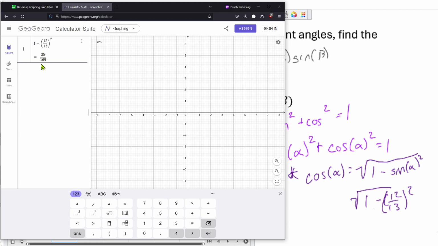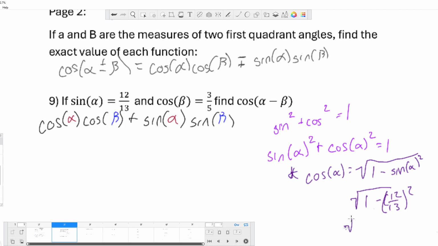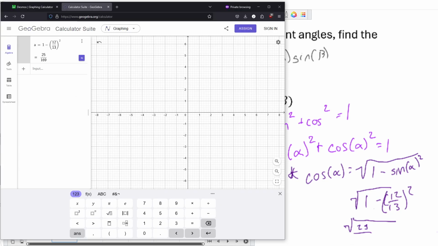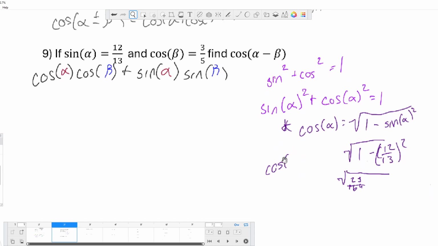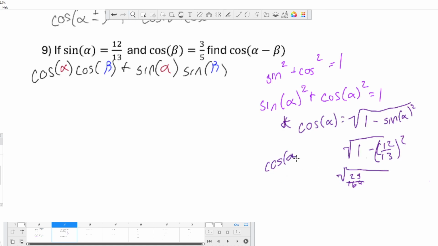Then we just take the square root of that. So that was the square root of 25 over 169. So we know that cosine of alpha is equal to 5 over 13.